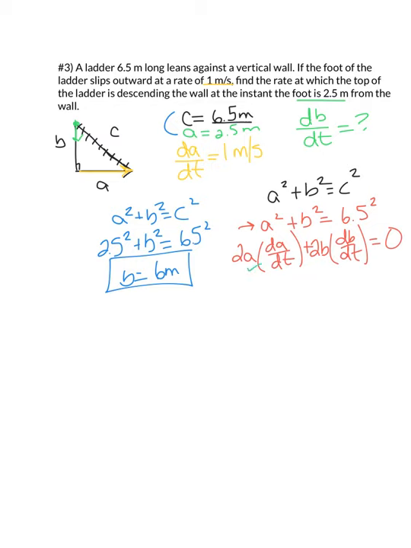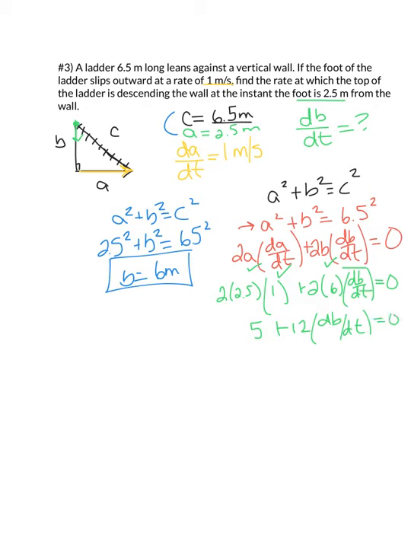So I know A, I know dA by dt, I know B, and dB by dt is what I'm solving for. So 2 times 2.5 times 1 plus 2 times b, which was 6, times dB by dt is equal to 0. So 5 plus 12 dB by dt is equal to 0.